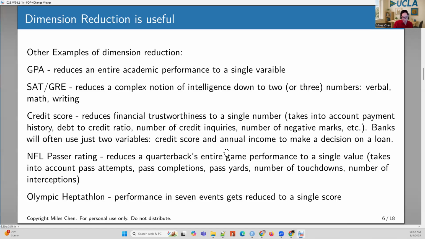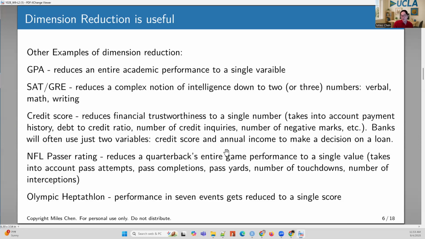Admission decisions for universities and grad school probably are not going to be based on GPA alone, but it can be a useful thing, especially if you have to compare a whole bunch of people at once, right? SAT and GRE scores, again, try to boil down some complex notion of, I don't know, intelligence or test taking ability down to just a couple of numbers, okay?